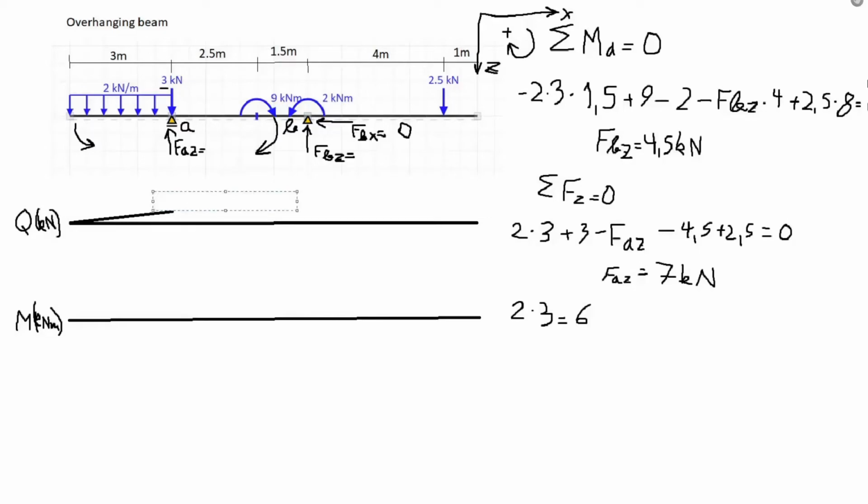Next up, we have this 3 kilonewton force, which creates a negative shearing within the beam, and our reaction force FAZ, which is 7 kilonewtons, which creates a positive shearing. Minus 3 minus 6 is equal to minus 9, and plus 7 is equal to minus 2.